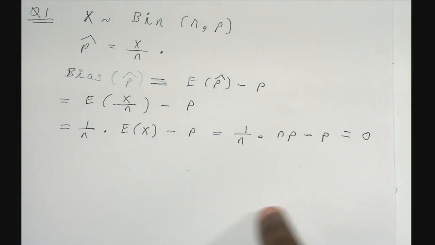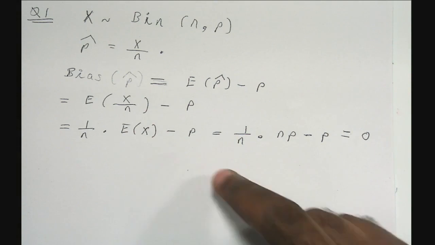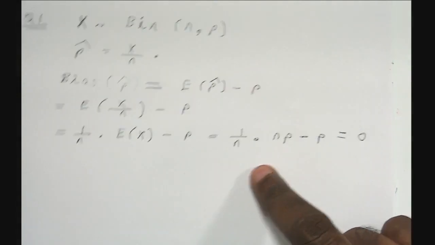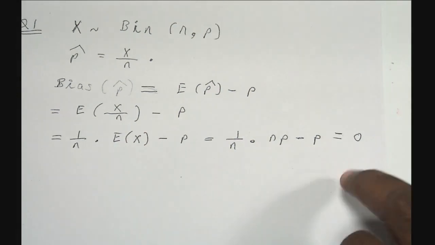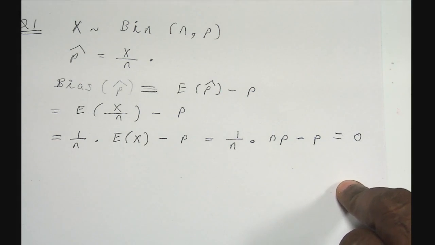You see that the expectation of a binomial variable is n times p. So you have p minus p, which is 0. So the bias is equal to 0.